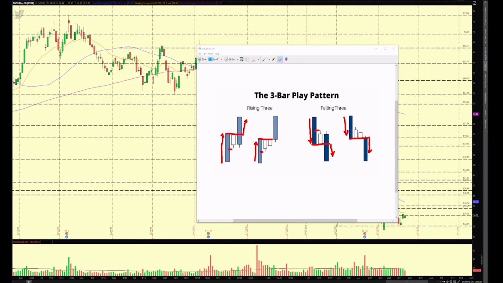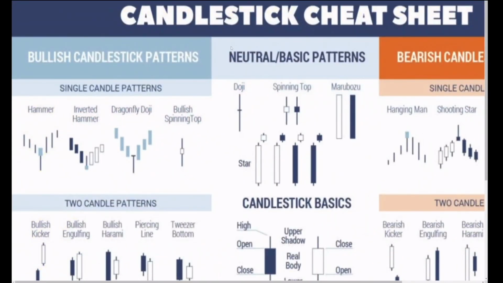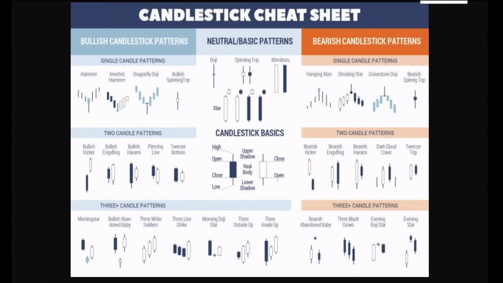And what I mean by that, I'll show you this little thing here. You can try to find all this stuff here, but you'll go crazy trying to find these. So I found the most important ones and the ones that work very well. Obviously, the bullish engulfing, and then the bearish engulfing is the opposite of that, right?